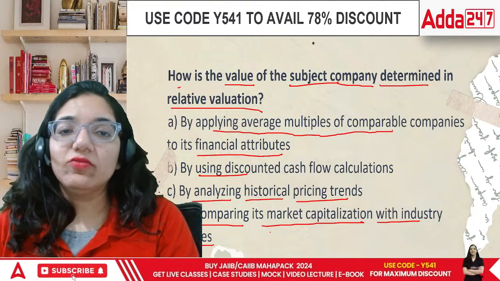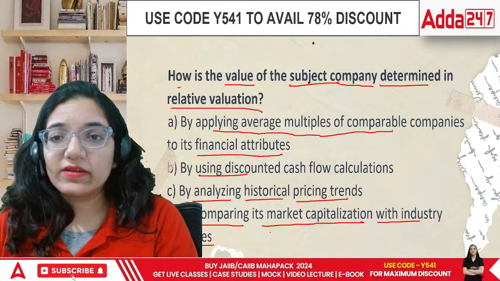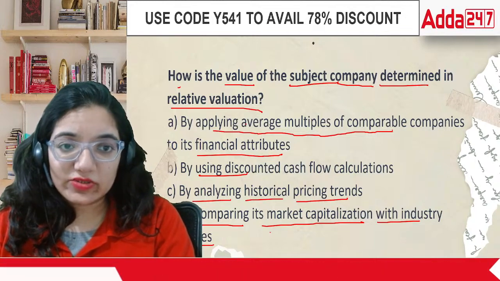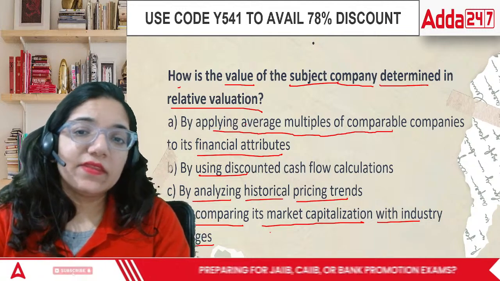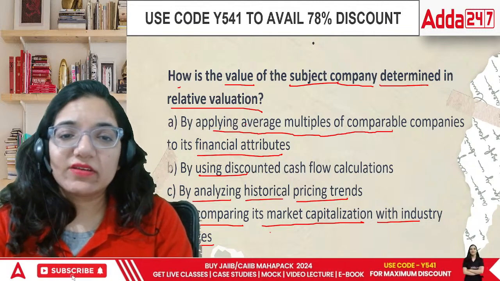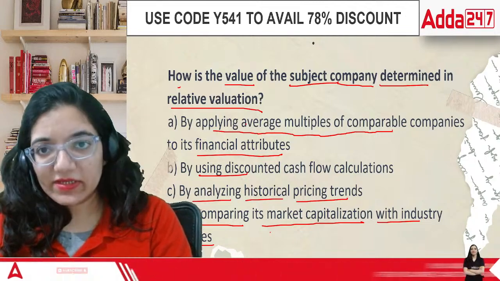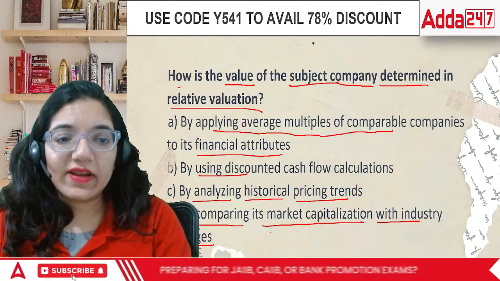How is the value of the subject company determined in relative valuation? What would be the answer, everyone? Subject company, we are looking at one specific company, okay? And we are asking how can we find the value of it.